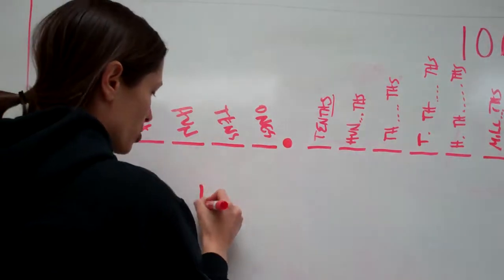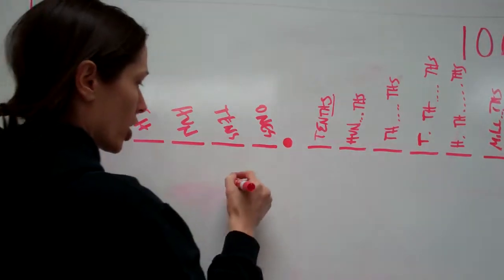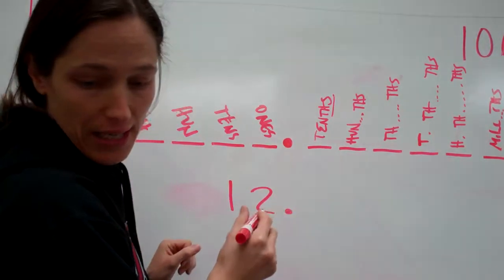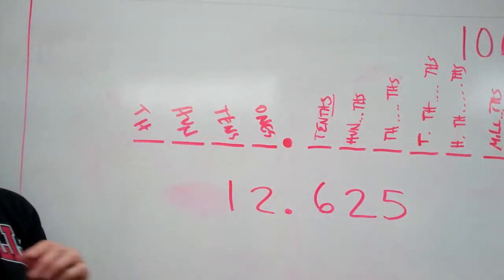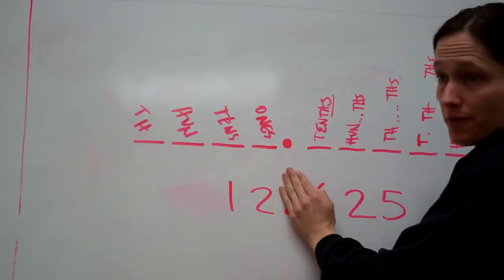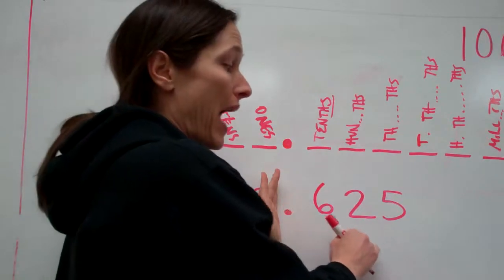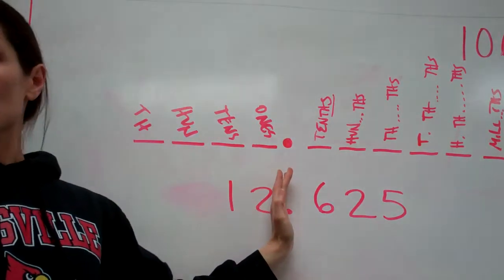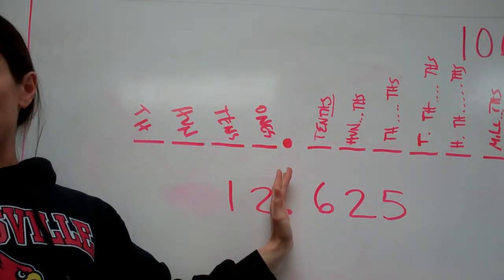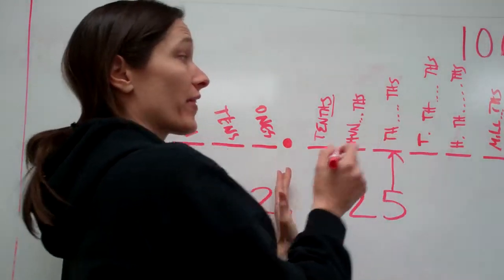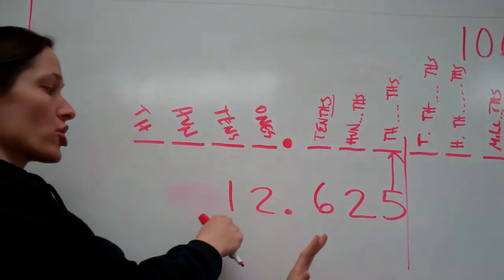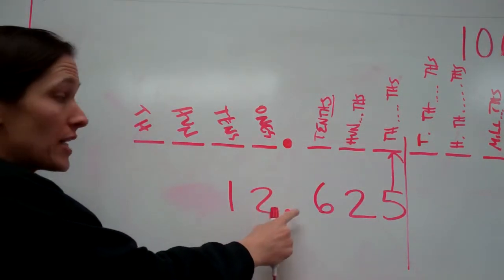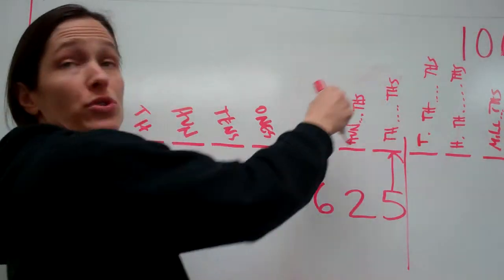If I told you to use words to name this number, here's what I want you to say. You always say what's before the decimal, 12, and then you read what's behind the decimal, 625, and then you say what the very last spot is, thousandths. So I would say 12 and 625 thousandths.